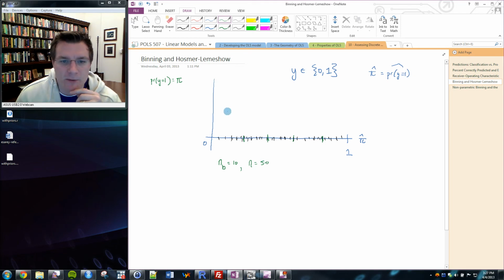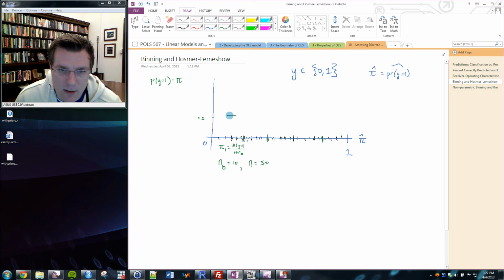And then what we would do is calculate the average y, or the proportion that y equals 1 in each bin. So what's the proportion that y equals 1 in bin 1? Well, it's just the number of observations where y equals 1 divided by the total number of observations in that bin, or 10, right? So we get some kind of probability, let's say something like 20%.